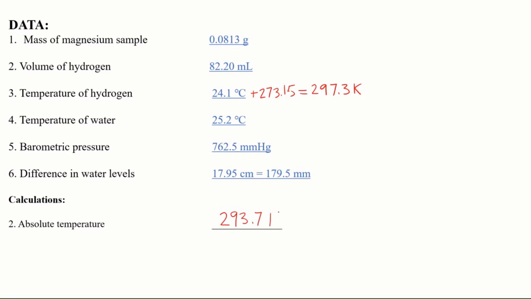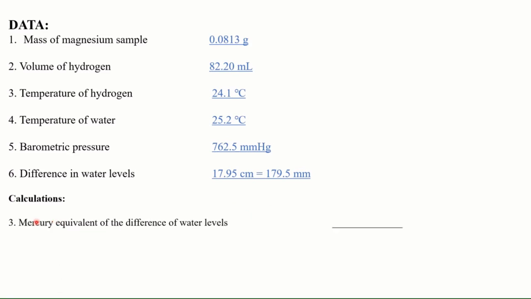Next, line 3 of the calculation is asking for the mercury equivalent of the difference of water level. The difference of water level is collected in the data points in line number 6. This was the amount of water that was left in the eudiometer tube.